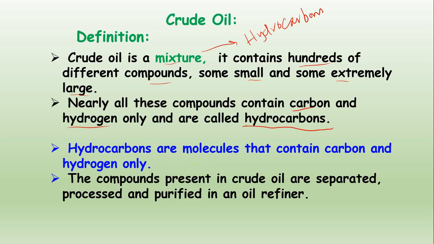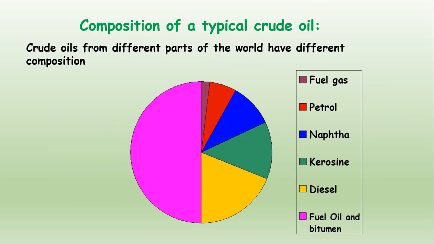What are hydrocarbons? Hydrocarbons are molecules that contain carbon and hydrogen only, like methane, CH4. These compounds are present in crude oil, and they can be separated by fractional distillation.